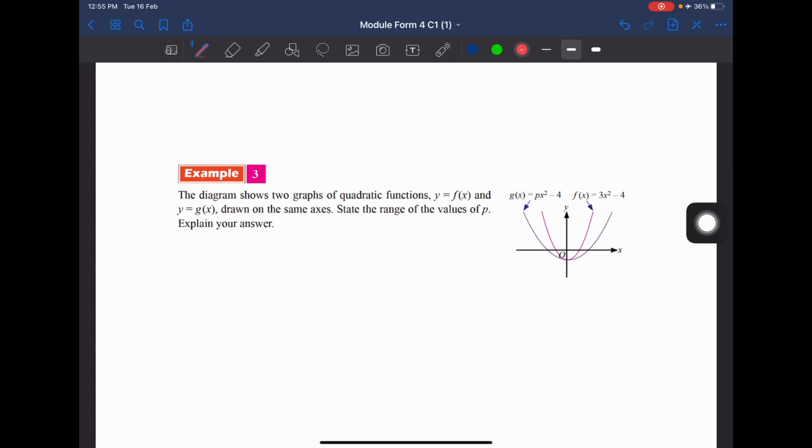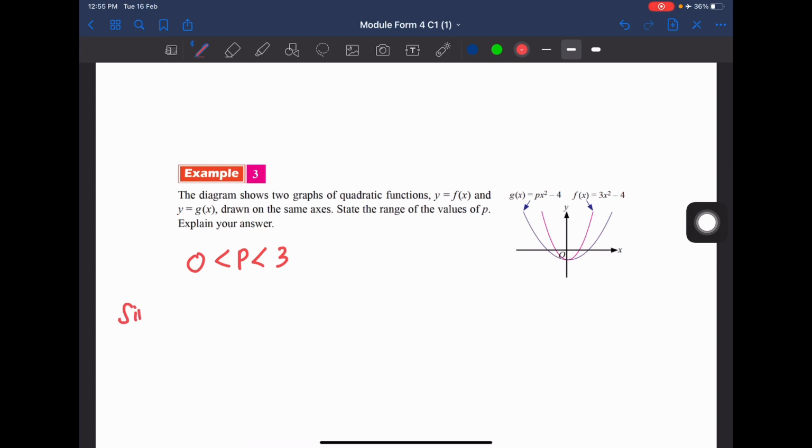Okay, so saya tahu p kita ni, p saya lebih besar daripada kosong sebab dia senyum, dan dia mesti juga lebih kecil daripada 3 sebab saiz dia lebih besar daripada 3, kelebaran dia. So maksud dia value of p ni mestilah lebih kecil daripada 3. So macam mana kita nak buat?